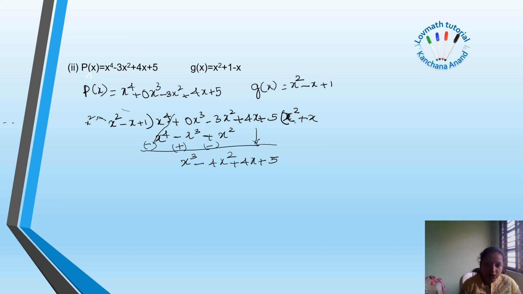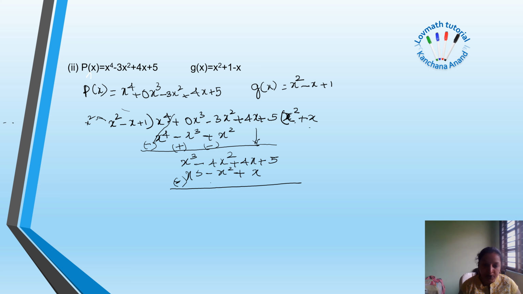x square into x becomes x cube, minus x into x becomes minus x square, and plus 1 into x becomes plus x. Now let us subtract this. So plus x cube becomes minus x cube.